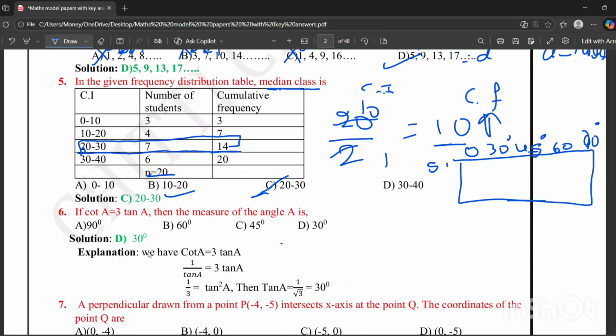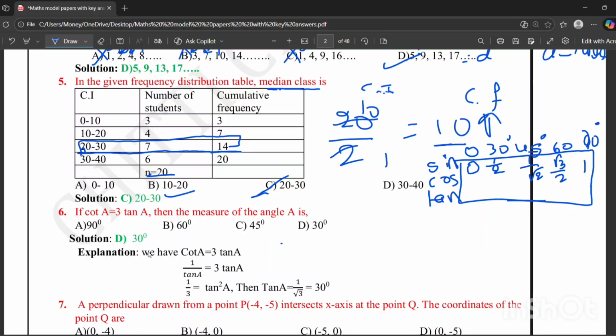So let us learn only for sine, cos and tan. What is sine 0, children? 0. For sine 30, 1 by 2. This is 1 by root 2. This is root 3 divided by 2 and this is 1.